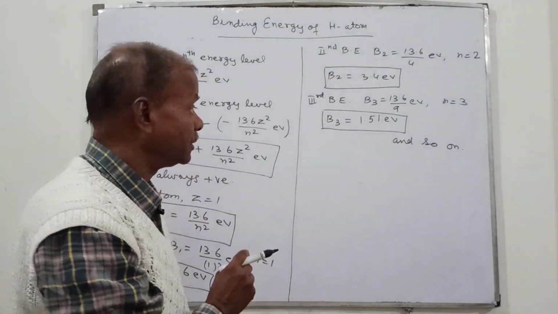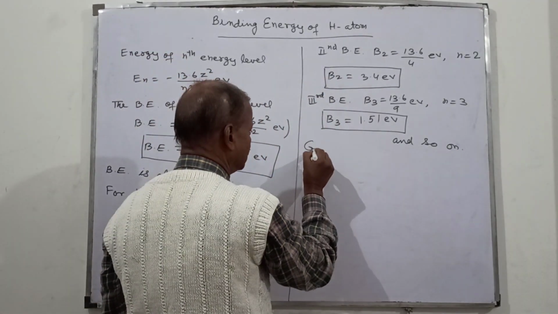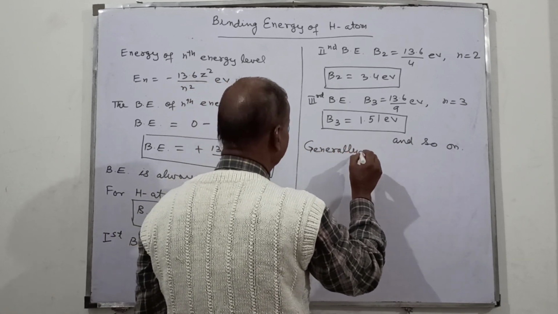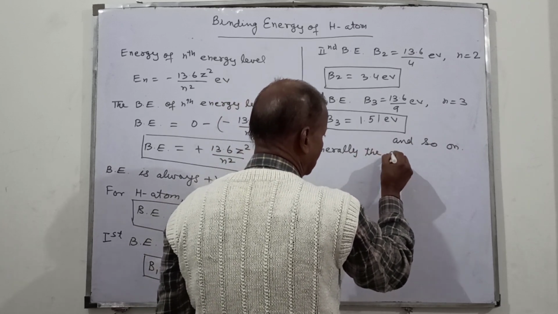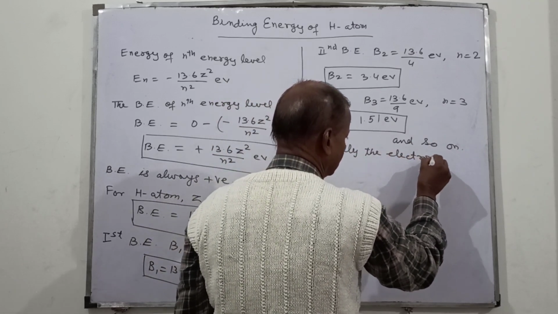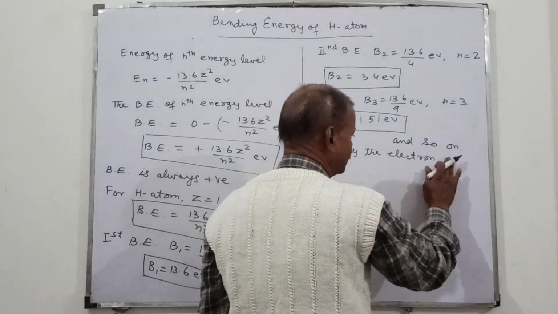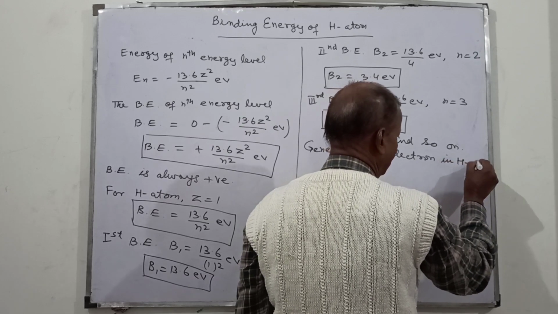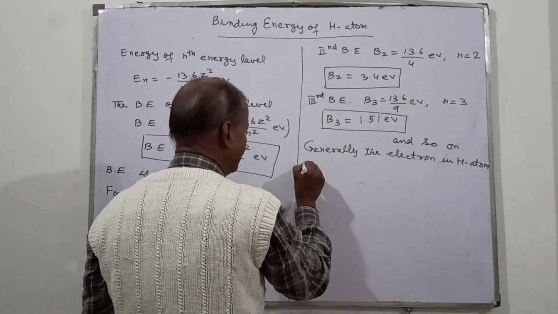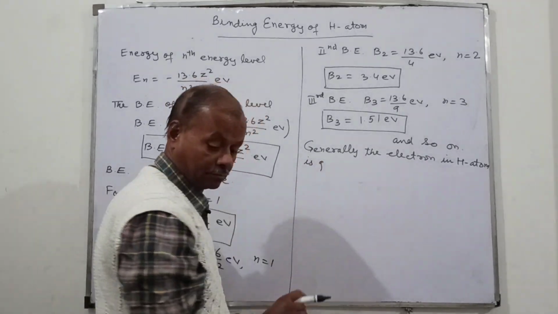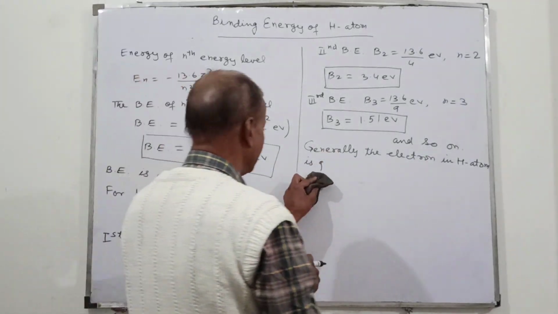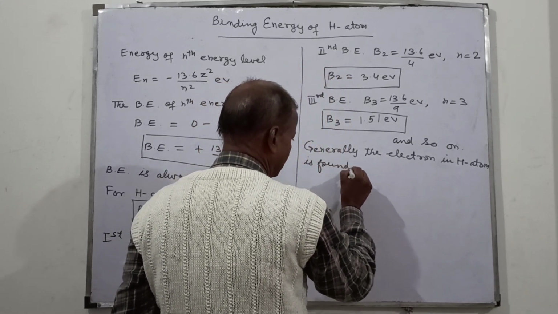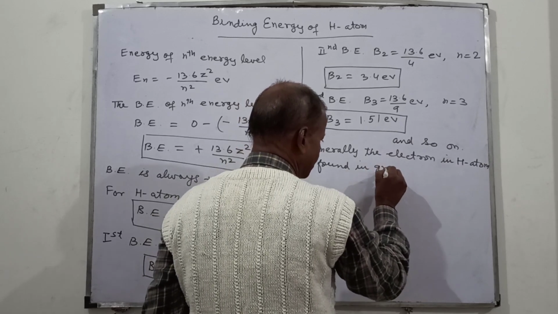Generally, the electron in the hydrogen atom is found in the ground state.